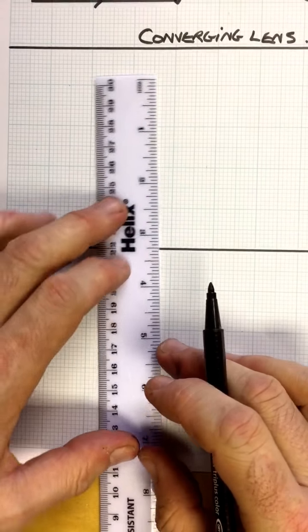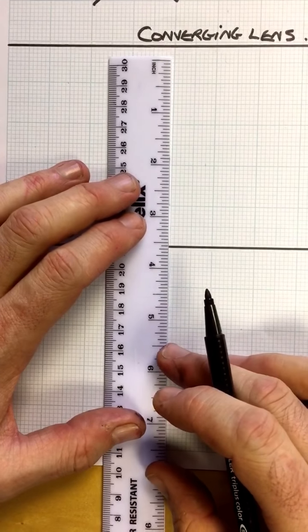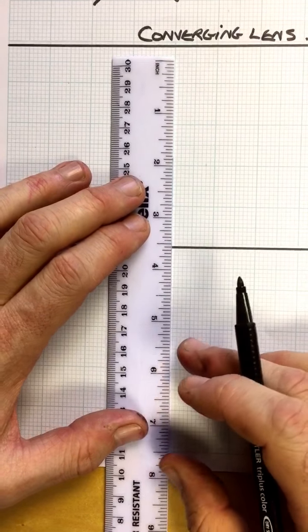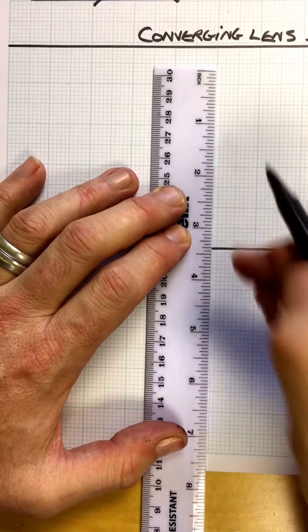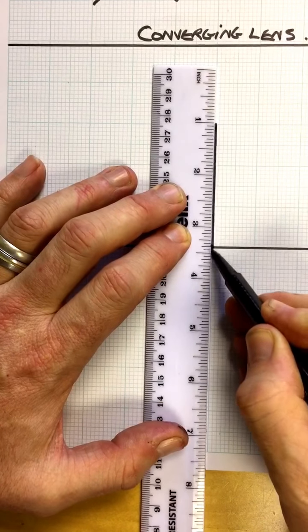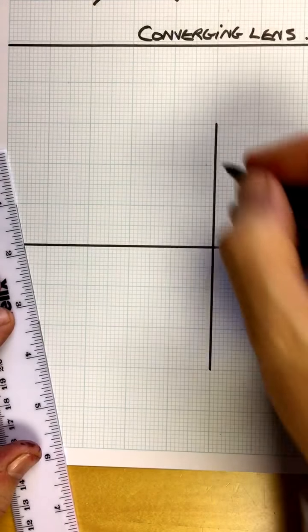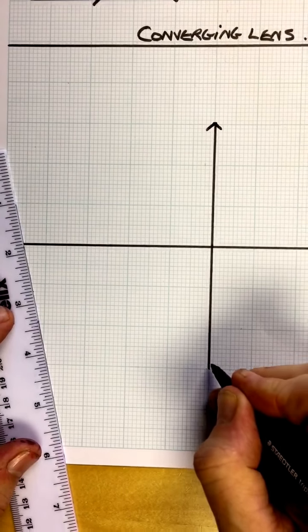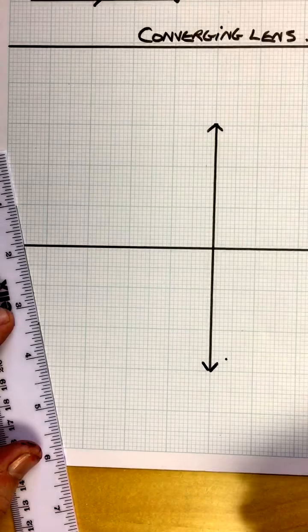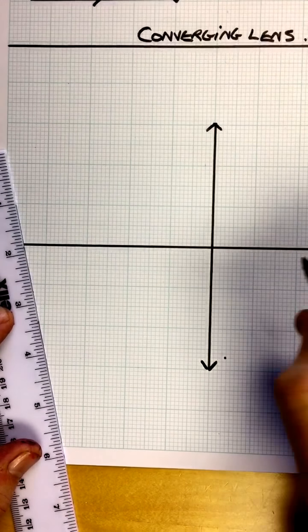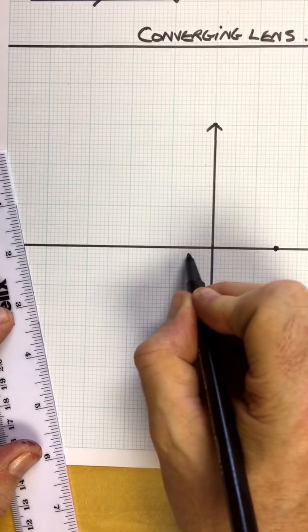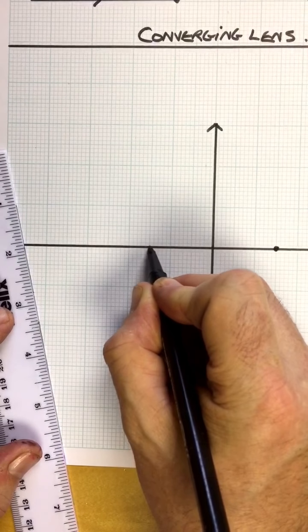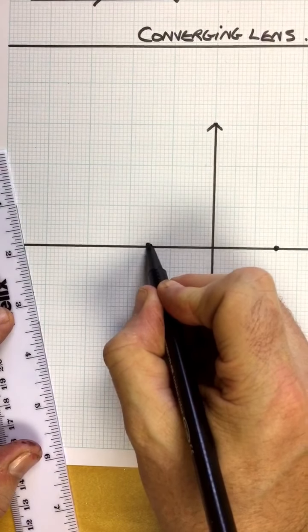Then you will have a vertical line which will denote the lens. So we draw this here. You will have a set of arrows at the top and the bottom to show that it is a converging lens. And if I choose 3 little squares here for my focal point in front of the lens and 3 little squares behind the lens.